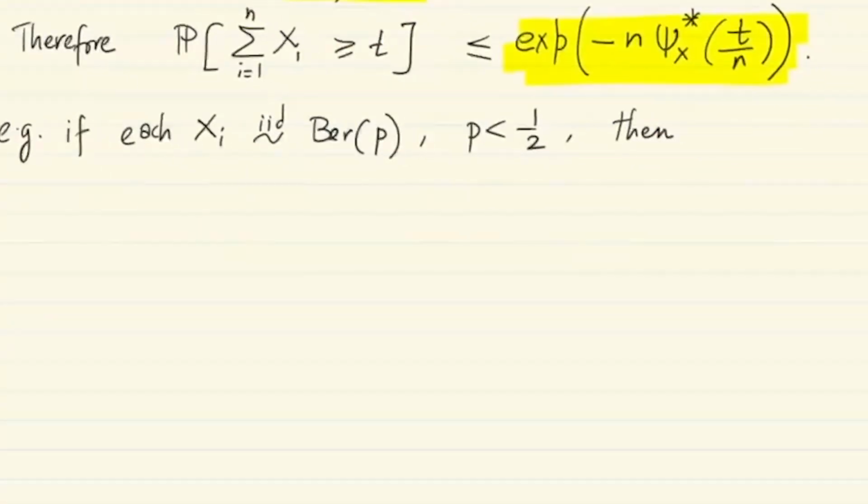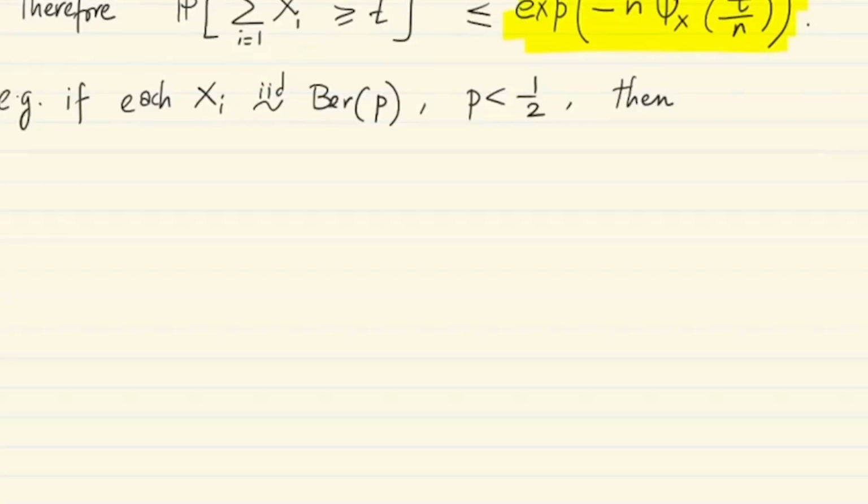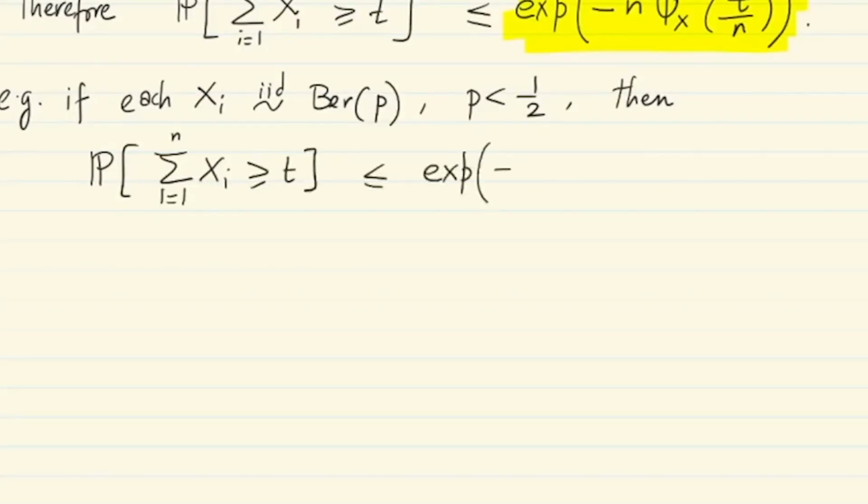So for instance, if you apply this to the sum of Bernoulli random variables, which is actually a binomial random variable with parameters n and p, where p is less than half, then what we get is that the probability that their sum exceeds t is bounded by e raised to minus n times the Cramér transform of a Bernoulli, which is d, the relative entropy, with parameter t over n relative to p.